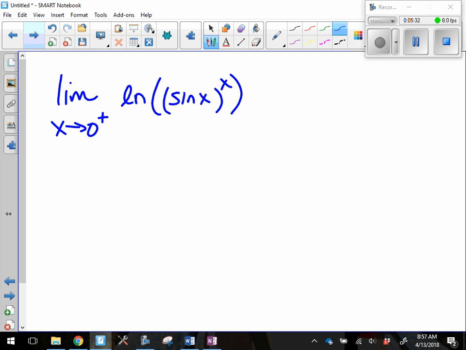Sari. Yeah, I can move the x in front of the natural log. So that gives me the limit as x goes to 0 from the positive side of x times the natural log of sine x.